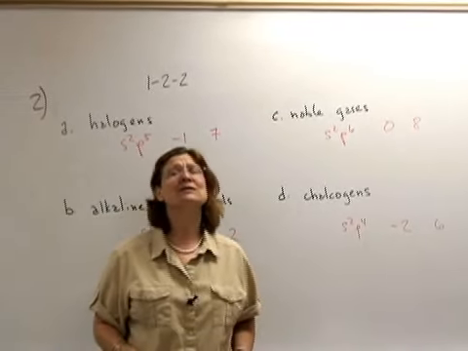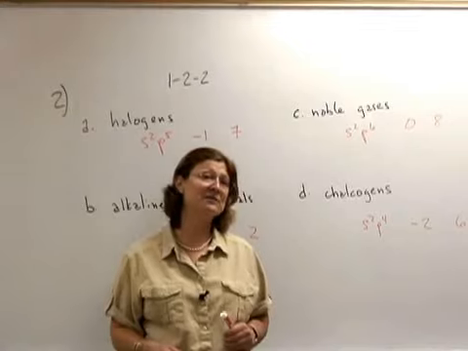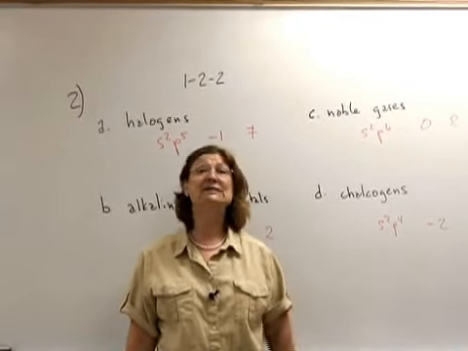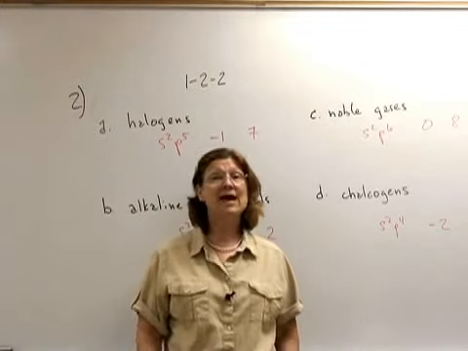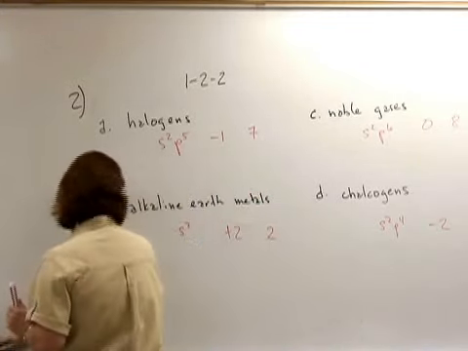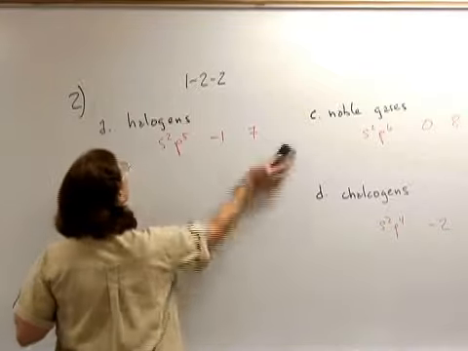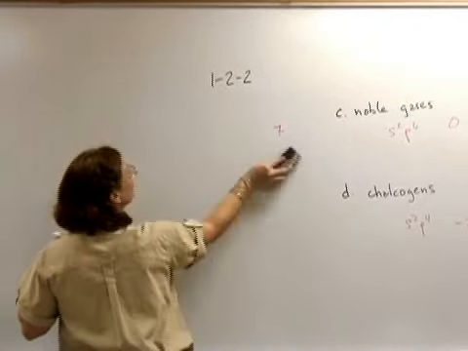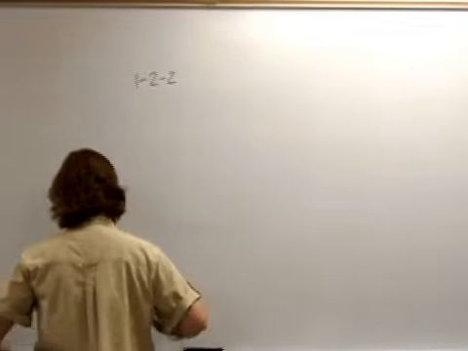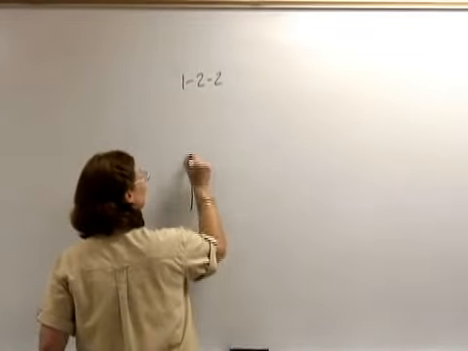Now at this point, I want to discuss a little bit about the characteristics of metals versus nonmetals. First, let's discuss metals. Most of the elements on the periodic chart are metals. Let's take a look at a quick drawing of a periodic chart. It goes like this.